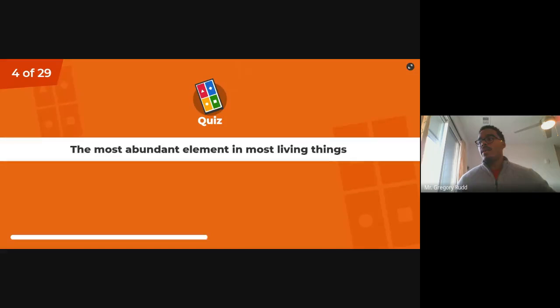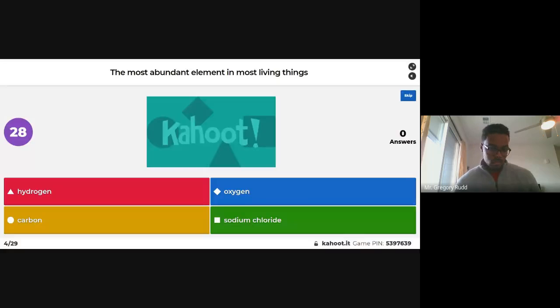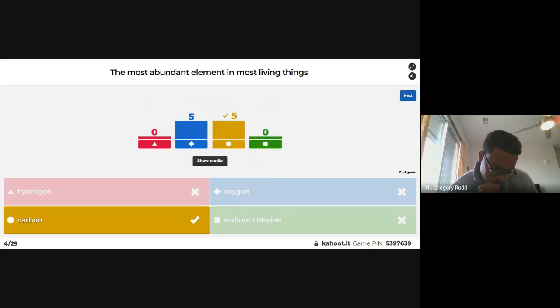The most abundant element in most living things. Okay.